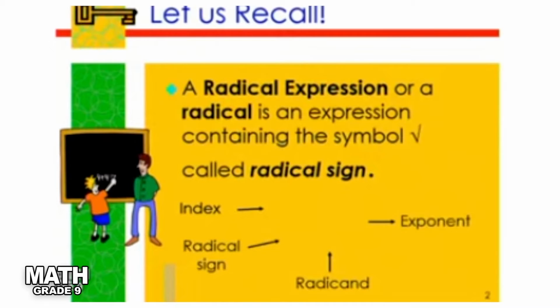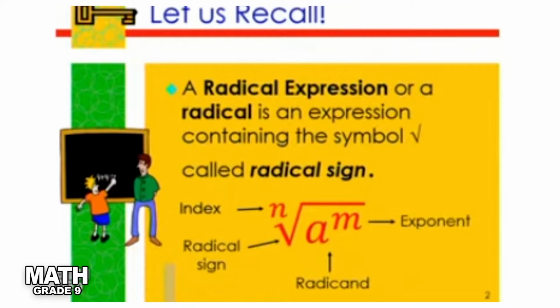Before we begin, let us first recall the basic concepts of radicals and its important parts. The symbol, the nth root of a raised to m, is called radical. A radical expression or a radical is an expression containing the symbol called radical sign.